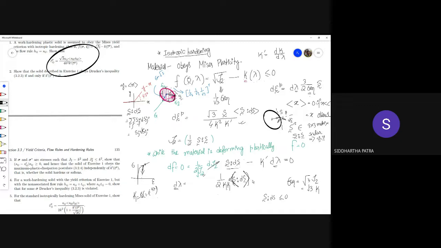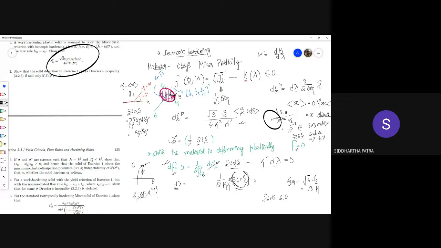That's why the Macaulay bracket comes in, showing that when you are deforming plastically, this is true and d lambda equals this. When you are not deforming plastically, of course this would not be true, because f would not be equal to 0, but that case can also be incorporated in the expression of d lambda, in the form that d lambda itself is 0, by putting in a Macaulay bracket.